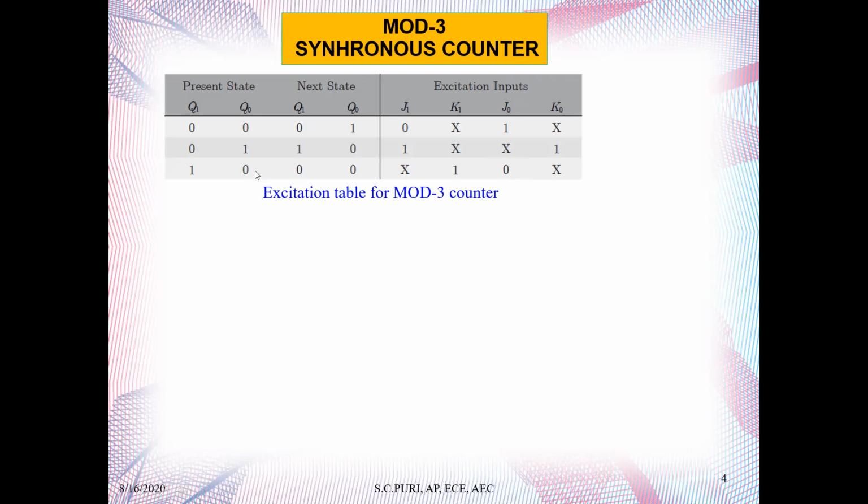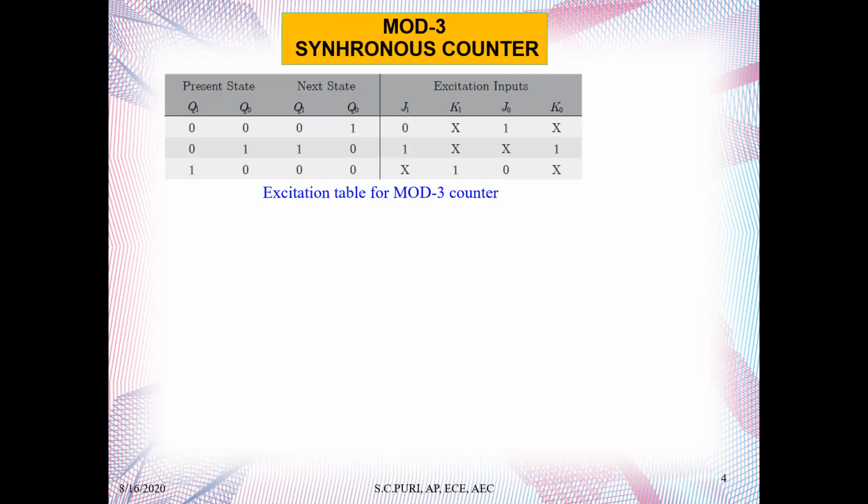Now finally, if Q0 is 0, a 0 to 0 transition can happen if there is no change, that is JK 0 0, or it is reset, that is JK is 0 1. So that means 0 0, 0 1, so 0 don't care. In this way, you have to complete the whole table, and therefore I was telling that the design part is rather cumbersome compared to the asynchronous counter operation.